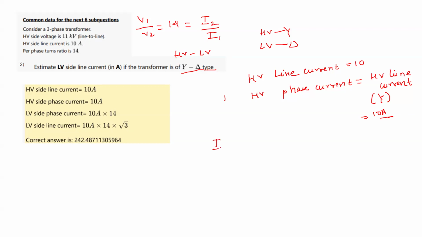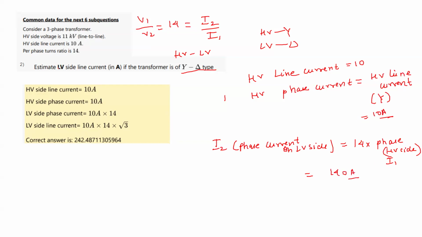I2, which is the phase current on the LV side, is 14 times the phase current on the HV side, which is basically I1. So this comes out to be 140.